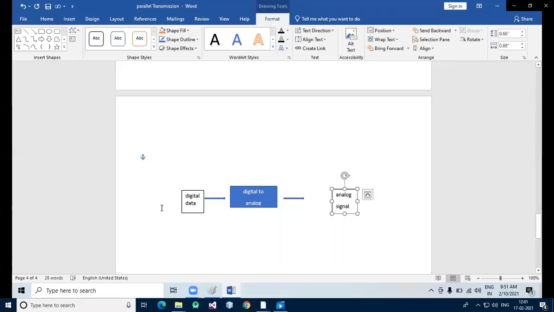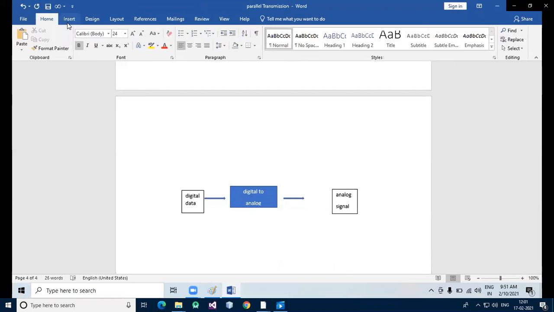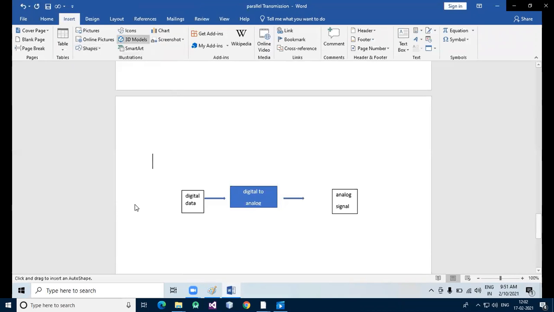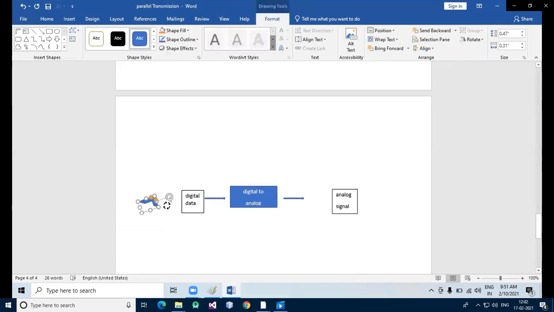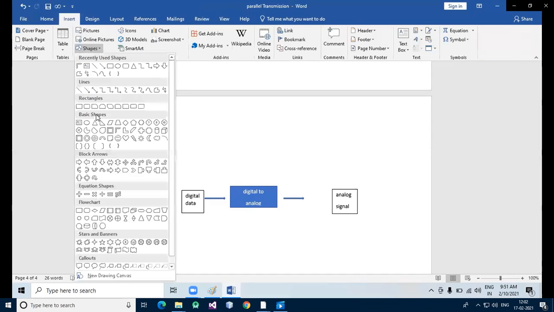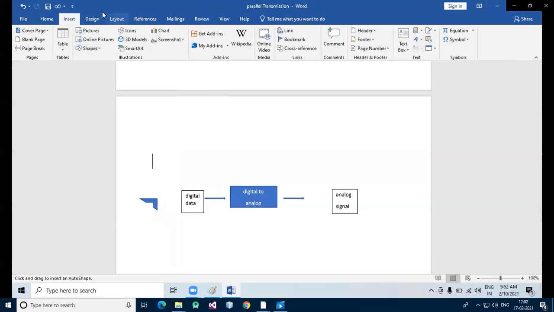Here this digital data will be converted into this form. The analog signal forms a waveform, and digital is non-continuous, which we have studied already.